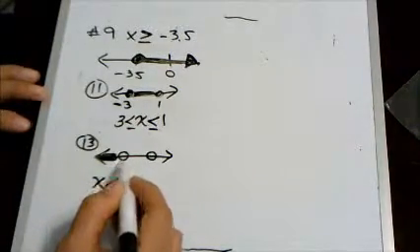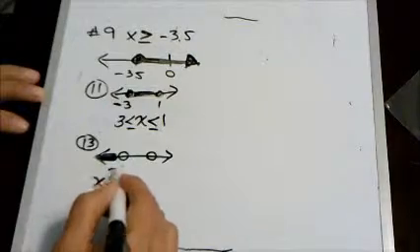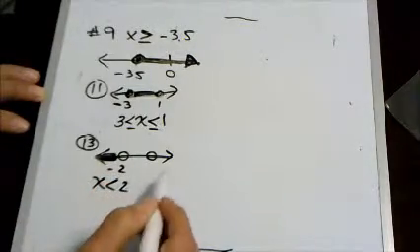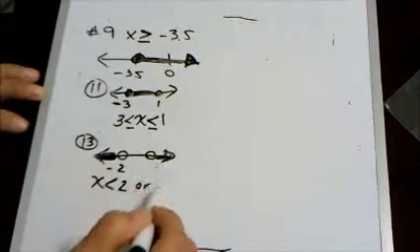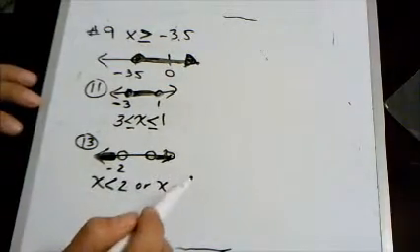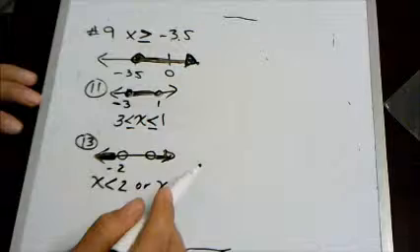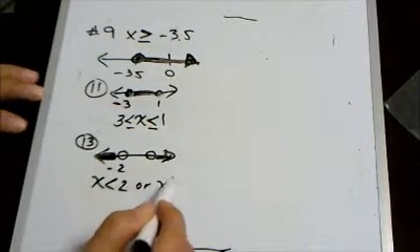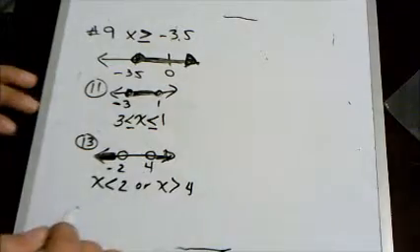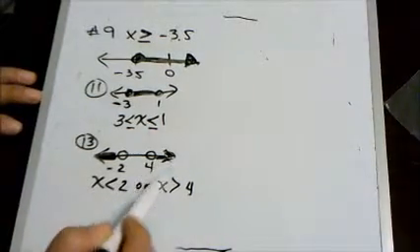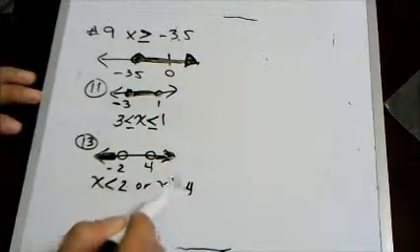What is this number right here? We have a negative 2, so x is going to be less than negative 2, or on this side, we have x is going to be greater than 4, because this is a 4. Notice that it points to the smaller number.